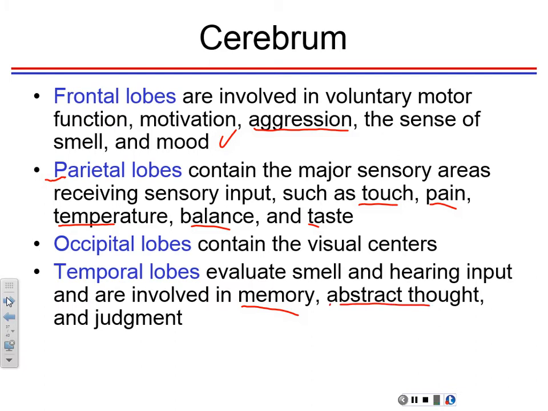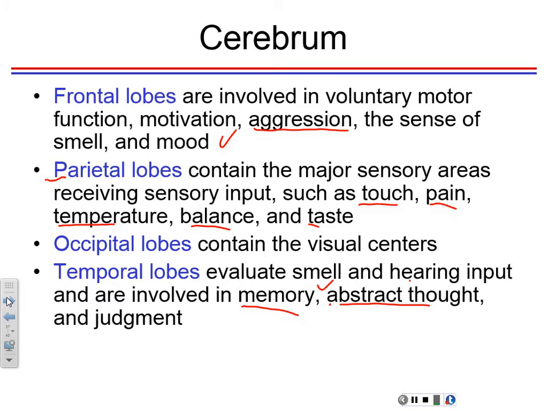And then abstract thought and judgment, kind of things that are abstract, neither here nor there, but mostly sense. Well, it's not really abstract things. It's kind of things that are fuzzy, not very clear-cut, not the common sense kind of things.